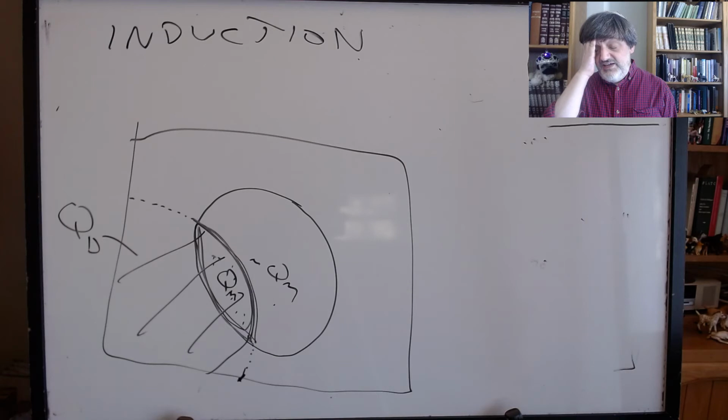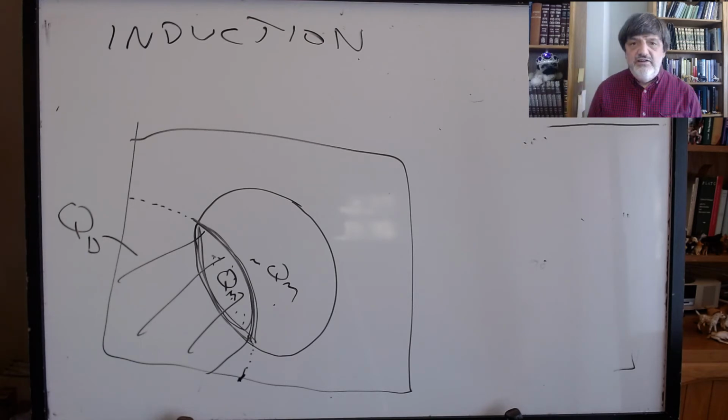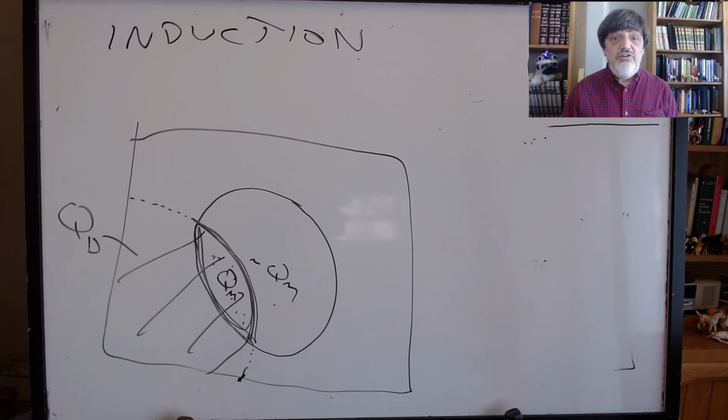So Goodman says that if you understand that question the wrong way, it's not a good question at all. So what would be the wrong way of understanding it? Something like, how do we know that it's true that in the future all pieces of copper will conduct electricity?